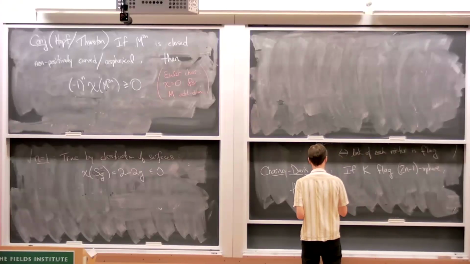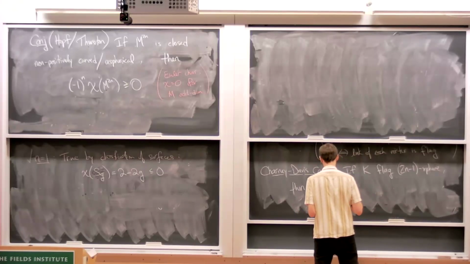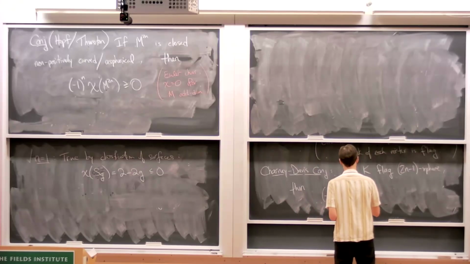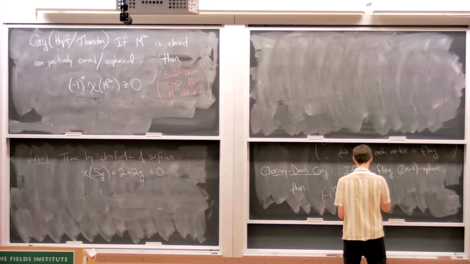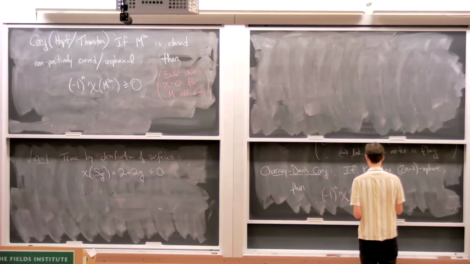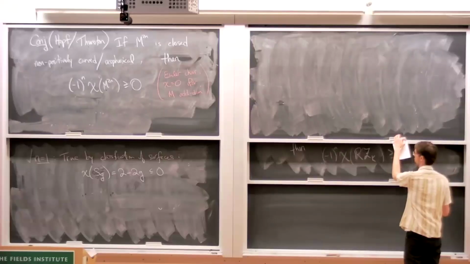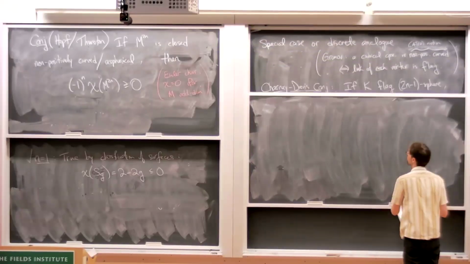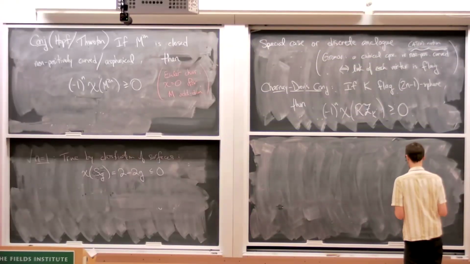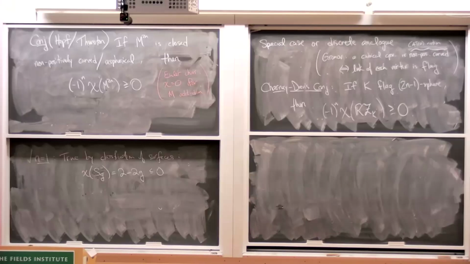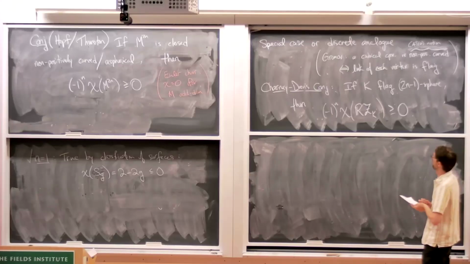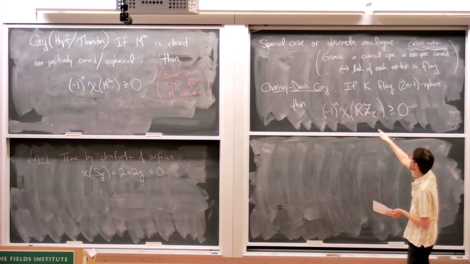Then, same thing, minus 1 to the n times the Euler characteristic of the real moment angle complex should be non-negative. Okay, so this is the one. If you Google the Charney-Davis conjecture, I don't think you'll see it phrased this way.